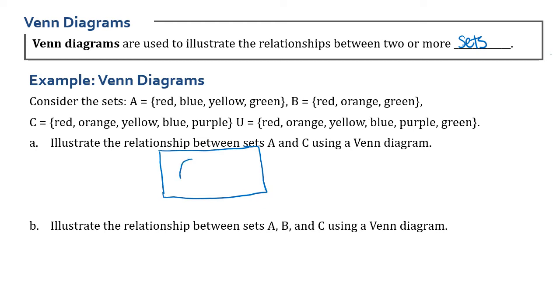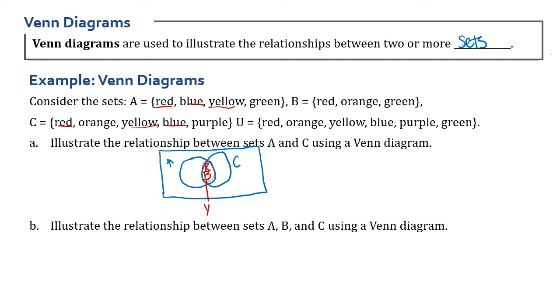And then we'll draw a circle for set A and an overlapping circle for set C. What goes in the middle where these circles overlap is the intersection, so the values that are in both A and C. We said the intersection of A and C, it looks like, is red and blue and yellow. I did not make this big enough. Yellow is also in there. All right, so I counted all of those.